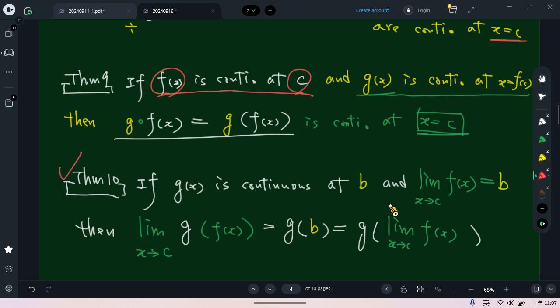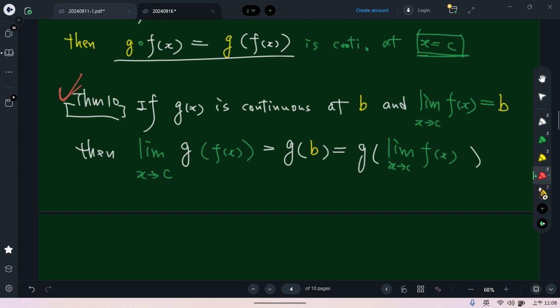This rule is very important because in next semester we will use this theorem to prove some theory. But maybe you just think, oh, it's also very intuitive. But actually, it's not that intuitive. So please just think about that. You can see the limit as x approaches c of g of f of x.